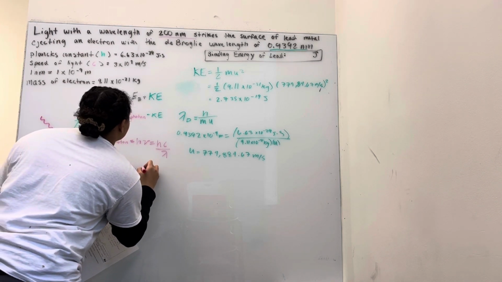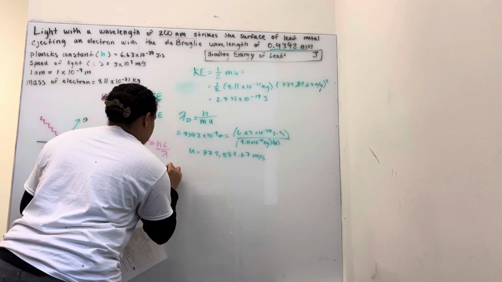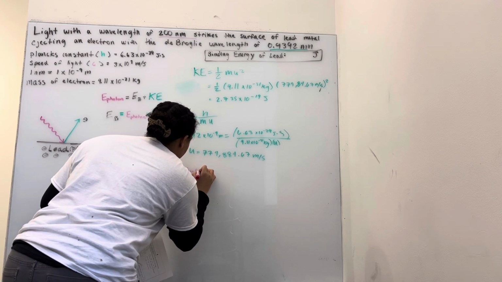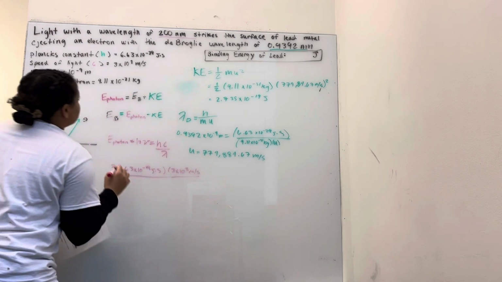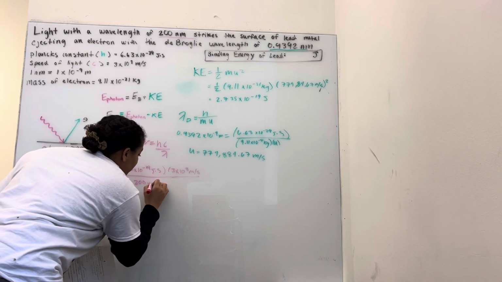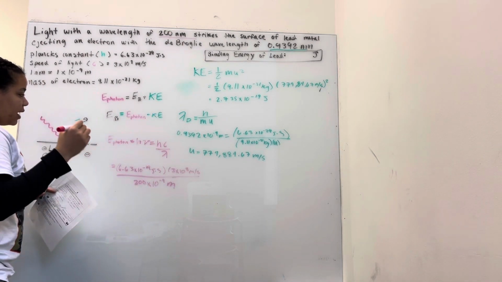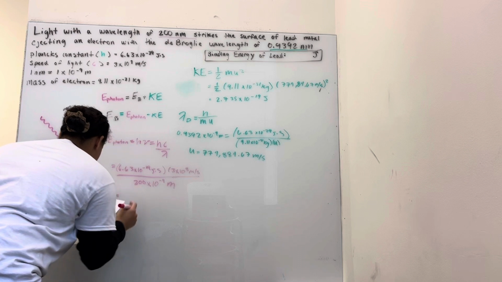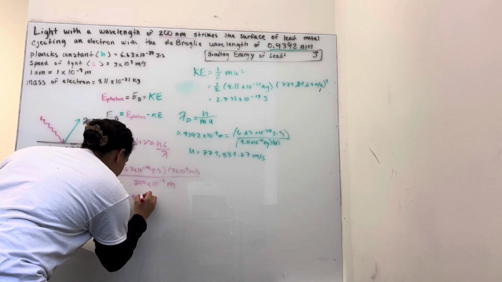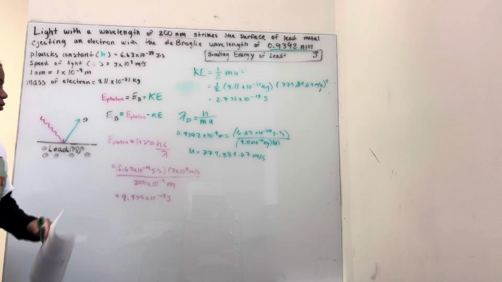6.63 times 10 to the negative 34 joules times second times our speed of light, 3 times 10 to the 8th meters per second, divided by our wavelength in meters. So 200 times 10 to the negative 9th meters. And that should give us an E photon of 9.945 times 10 to the negative 19 joules.